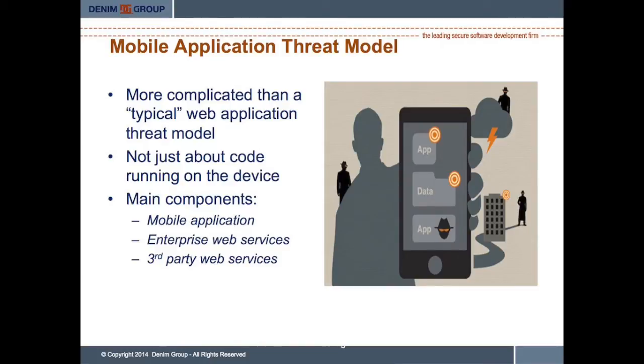And so you don't just need to be aware of the code running on the device, however, because any really interesting mobile application is probably going to talk back to something on the server side. So typically for mobile applications, you've got some enterprise web services that have been deployed to allow for account access and access to other resources, and a lot of mobile applications also call out to third-party web services to get some sort of data.